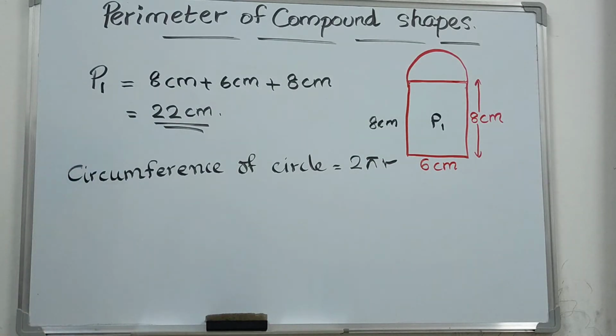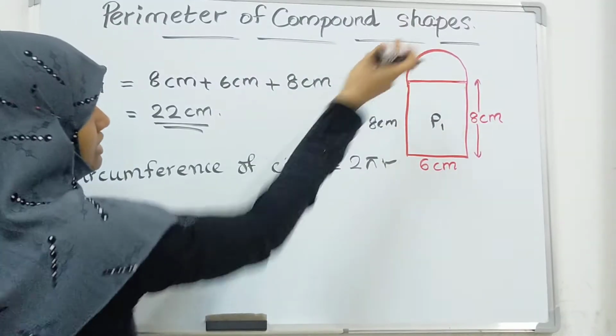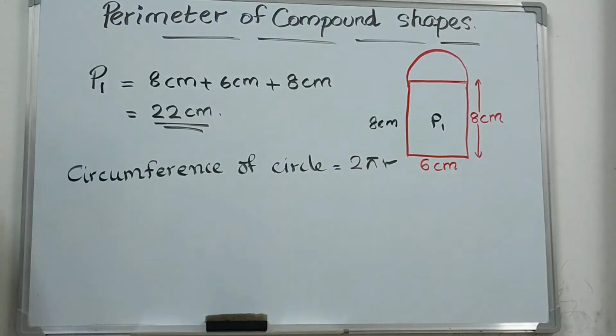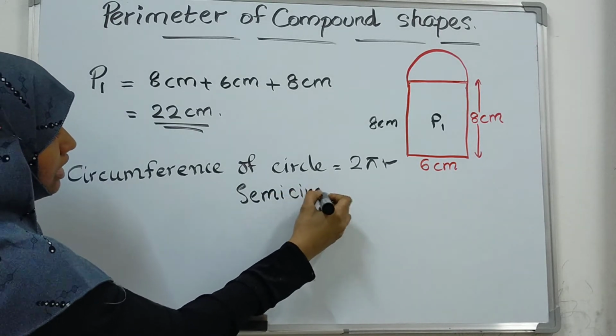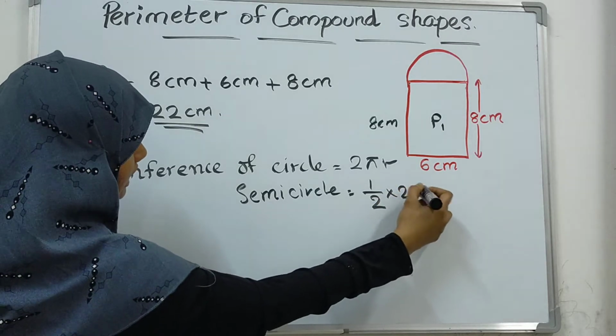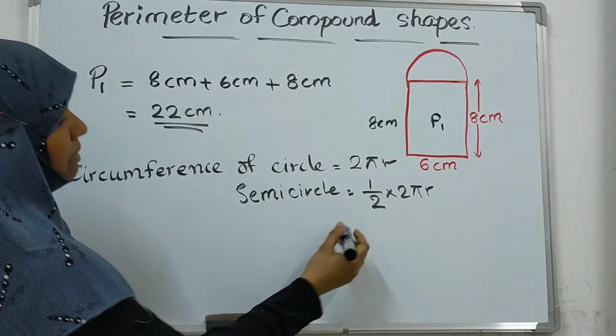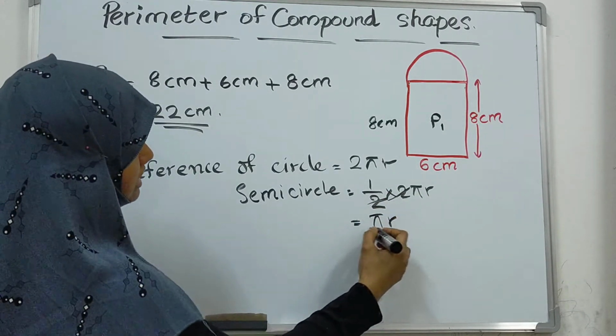So how do I find the circumference or the perimeter of the semicircle? By taking half of it, because we are taking half of the circle. So just take half of 2 pi r, and you can simplify this by cancelling the 2s, then you will get just pi r.